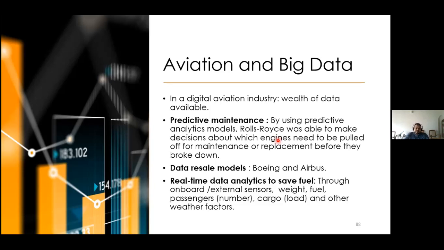Another huge advantage that most of the airlines were using before the whole pandemic started, I have read that Lufthansa, I think British Airways, Emirates, all of them are using this particular model: real-time data analysis to save fuel, right?